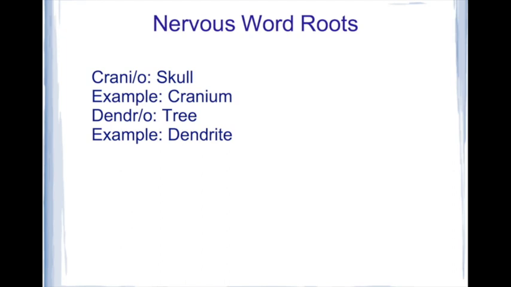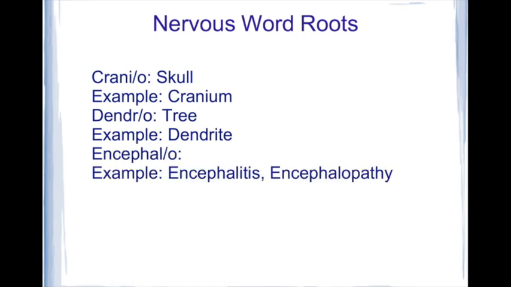Encephalo. Now this is another one where you can actually break this up into smaller terms as well. A couple examples: encephalitis, encephalopathy is a disease of this. Encephalitis is inflammation of this. So let's break this down a little bit. En means inside.